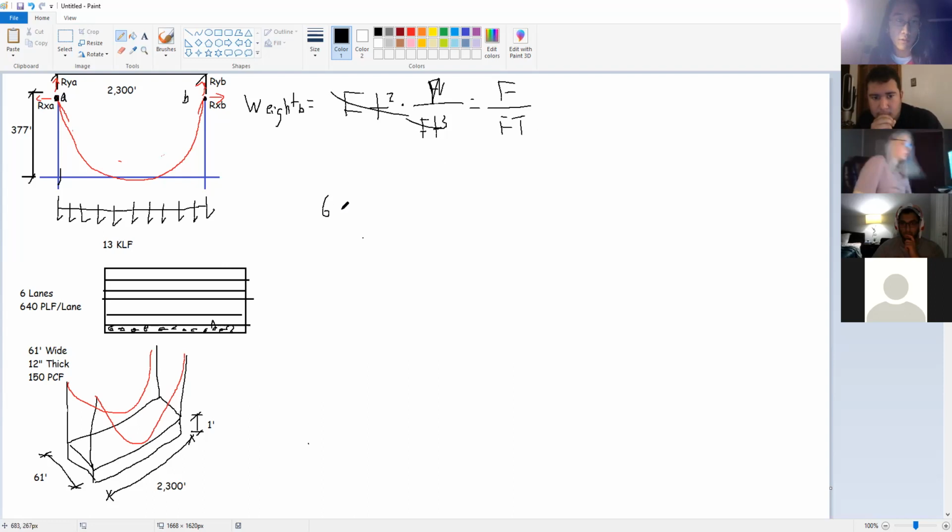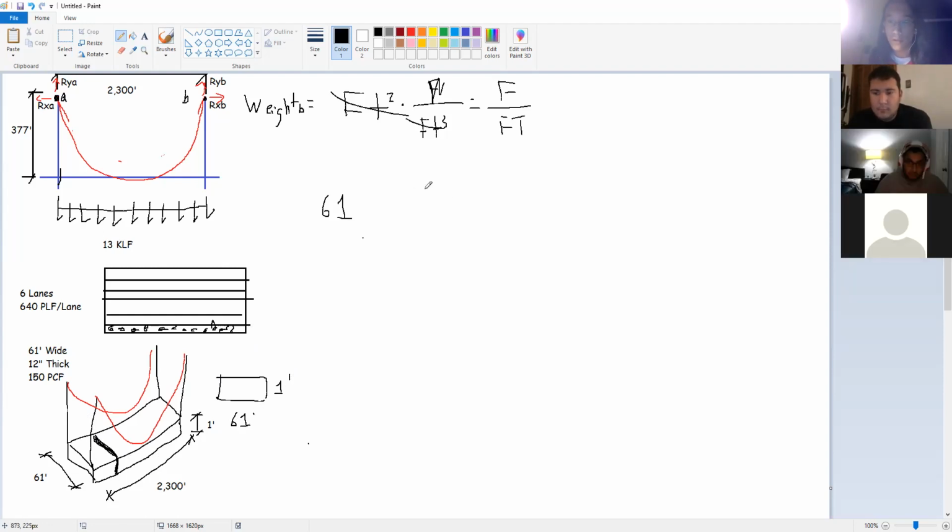So this is what he did. Area, 61. Now we're looking at a cross section of the bridge right there. This is 1 foot. This is 61 feet. So you have 61 times 1 foot times 150 pounds per cubic foot. You put that in your calculator, 61 times 1 times 150, 9,150.